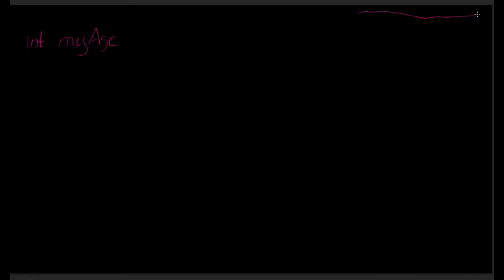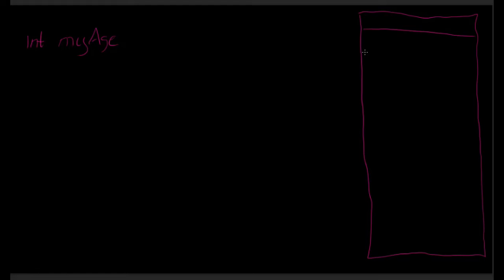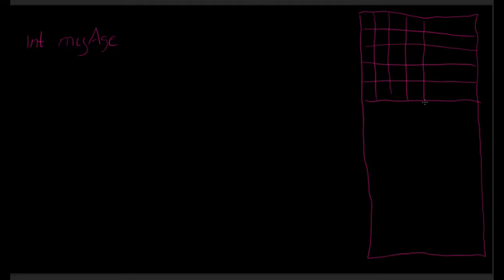We're going to draw a little representation of memory, and hopefully we can get 8 across, because that's generally what your bytes are. 1, 2, 3, 4, 5, 6, 7, 8. So this is our little chunk of memory.